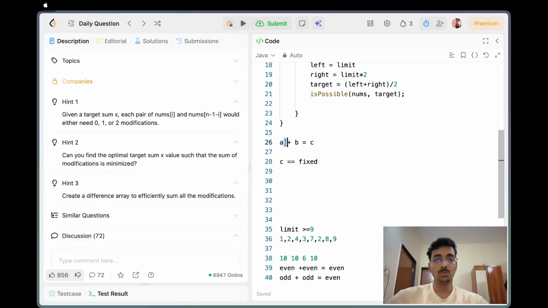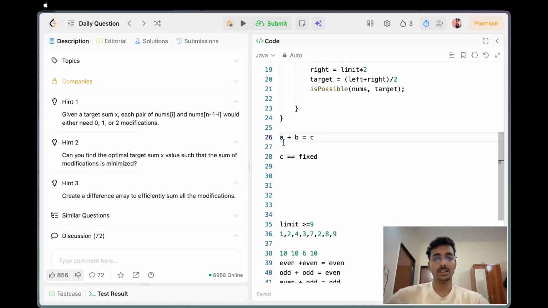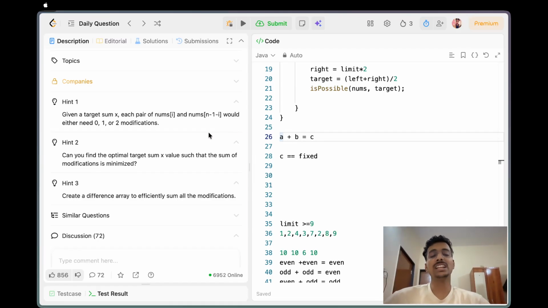Either we don't need to modify any value, a and b are already making c. Or there can be a scenario where I need to modify either a or b, or a scenario where I need to modify a as well as b. So there are three scenarios. I completely understand this.